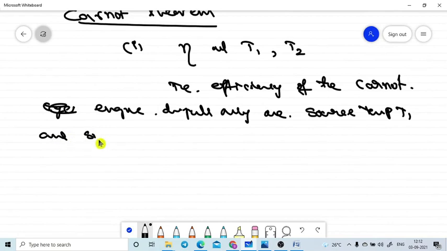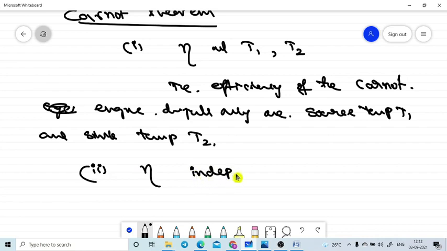The second sentence: the Carnot heat engine efficiency is independent of the nature of the working substance.